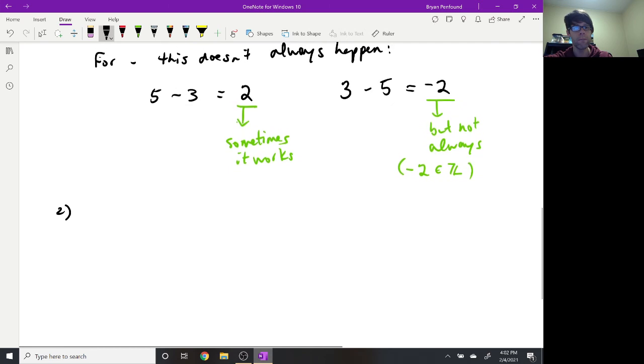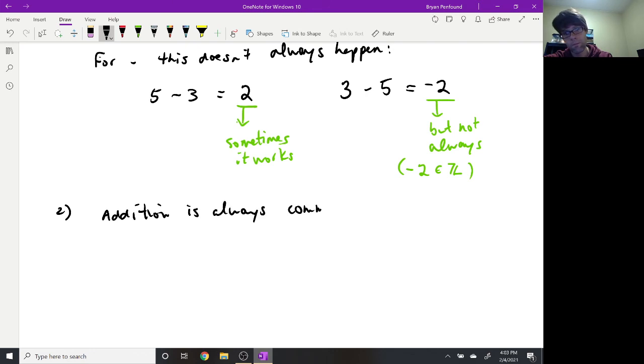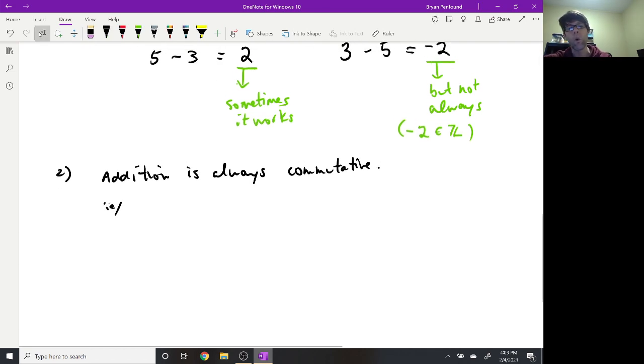Okay, commutativity. Addition's always commutative. So it doesn't really matter what set we're working with. Addition is a really nice operation. So when we're thinking about or talking about commutativity, we mean the order. So if I were to start with 2 and add 3 to it, I know the result is going to be 5.